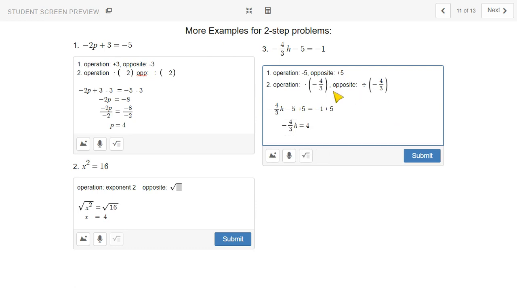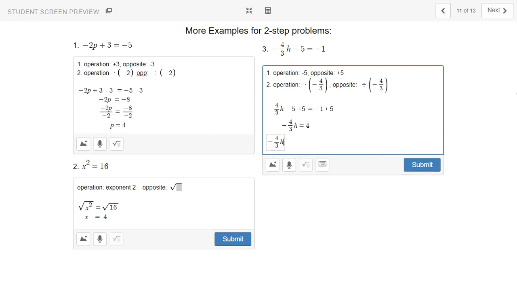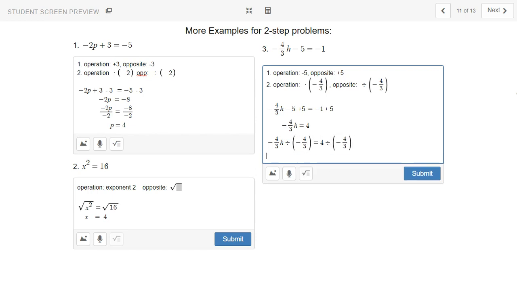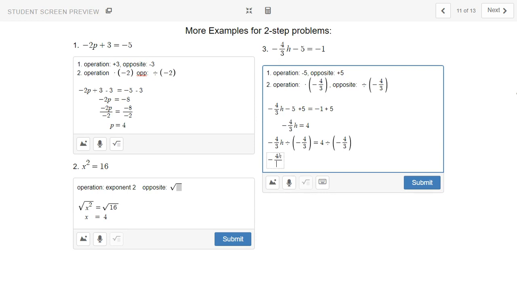Second thing, we're now going to apply the operation of divide by negative 4 over 3. When we rewrite this, we're going to have a multiplication instead. So negative 4h over 3 times negative 3 over 4. This is equal to 4 over 1 times negative 3 over 4.